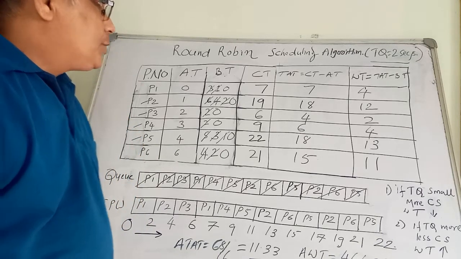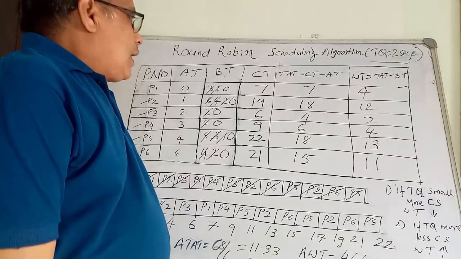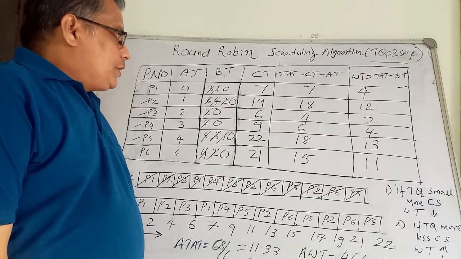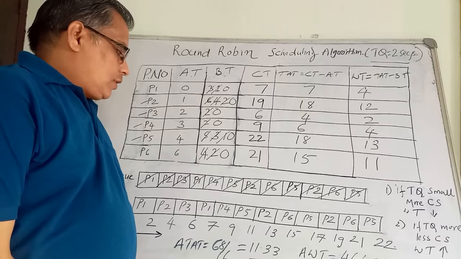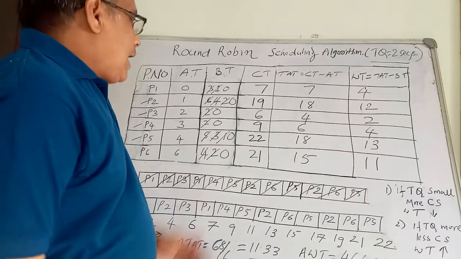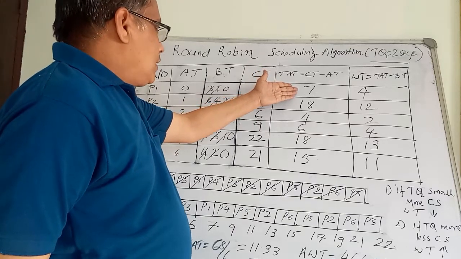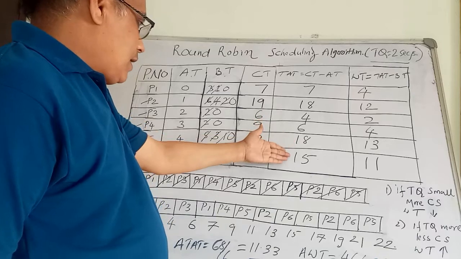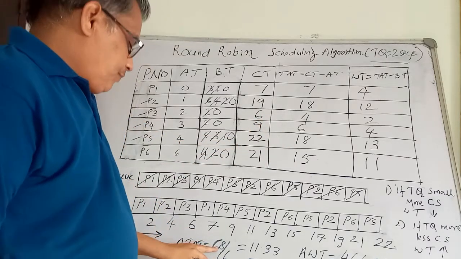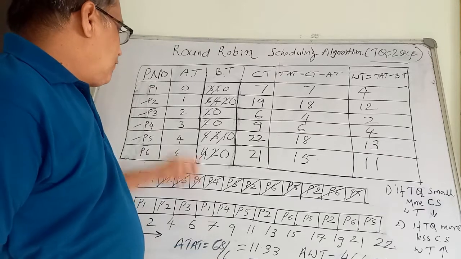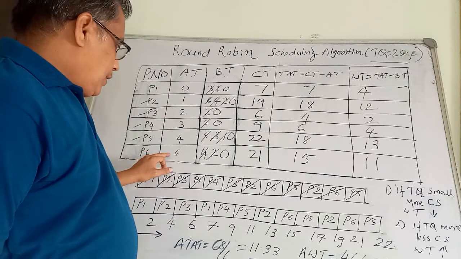Yes, after finding the individual turnaround time as well as waiting time of each process, now we need to find out the average turnaround time. Average turnaround time can be found out by adding all the individual turnaround times of the processes. It will come around 68 divided by 6, where 6 is the number of processes.